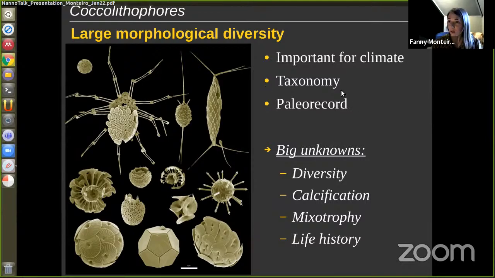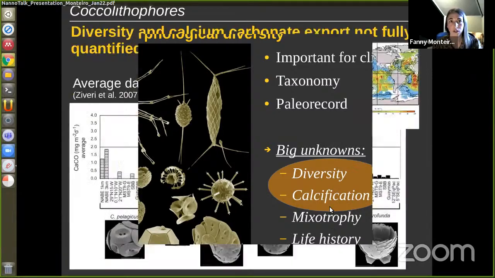Despite all that, we still have big unknowns related to coccolithophores: the role of their diversity, how classification is actually proceeding, and the role of mixotrophy and life history. Today in my talk, I'm going to focus on two of those aspects, the diversity and classification of coccolithophores.